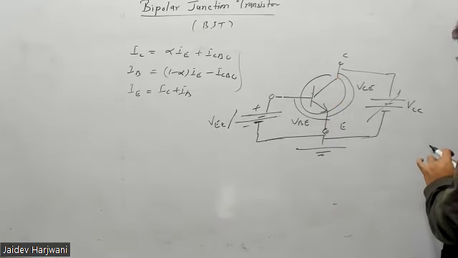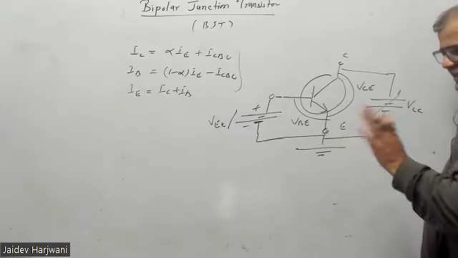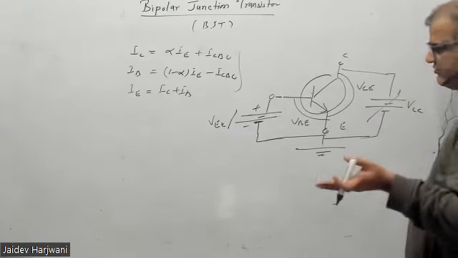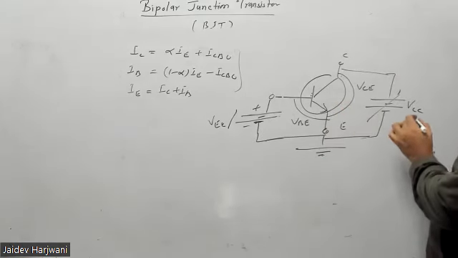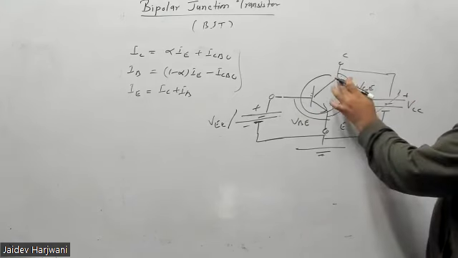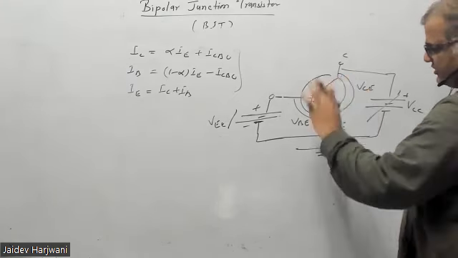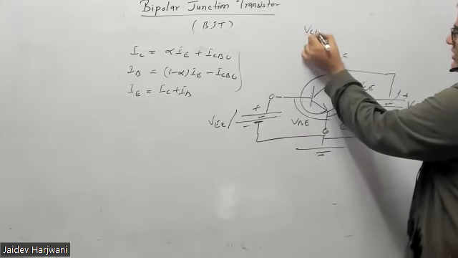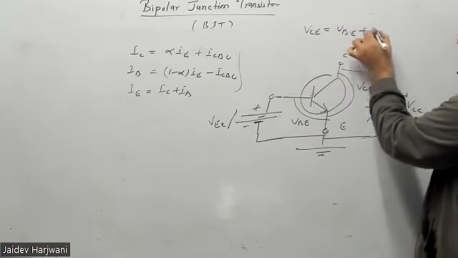But that should not change our original definition. I have to make the EB junction forward biased and the CB junction reverse biased. This is NPN, so I'm applying VCE, which is positive. VCE is always equal to VBE plus VCB.